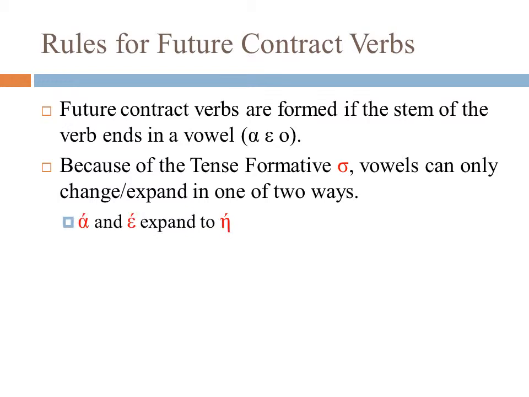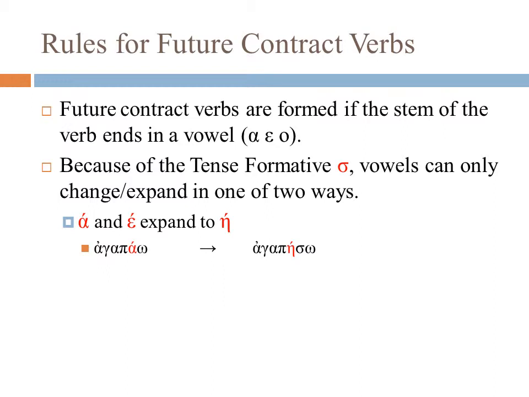So, if there is at the end of the stem an alpha or an epsilon, it will expand to an eta. So, agapao, I love, expands to agapeso, I will love.